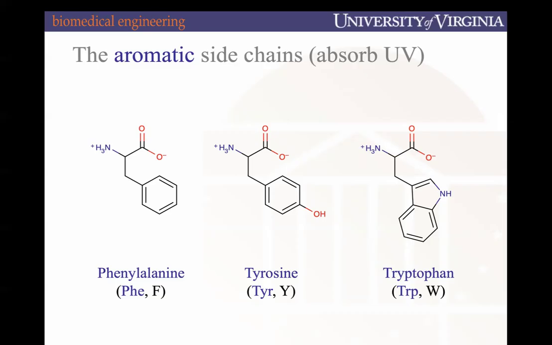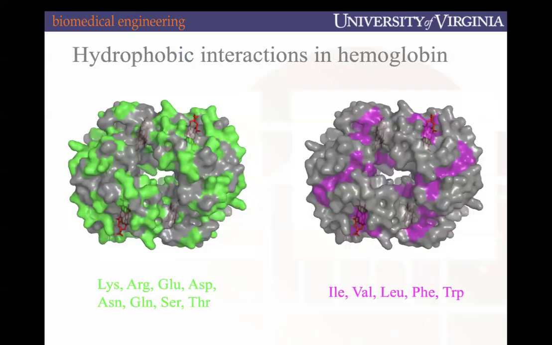If we took a moment to label all of the positively and negatively charged amino acids and all of the hydrophobic amino acids, what you can appreciate is that many of the charged amino acids are littered across the surface and entire structure of hemoglobin.